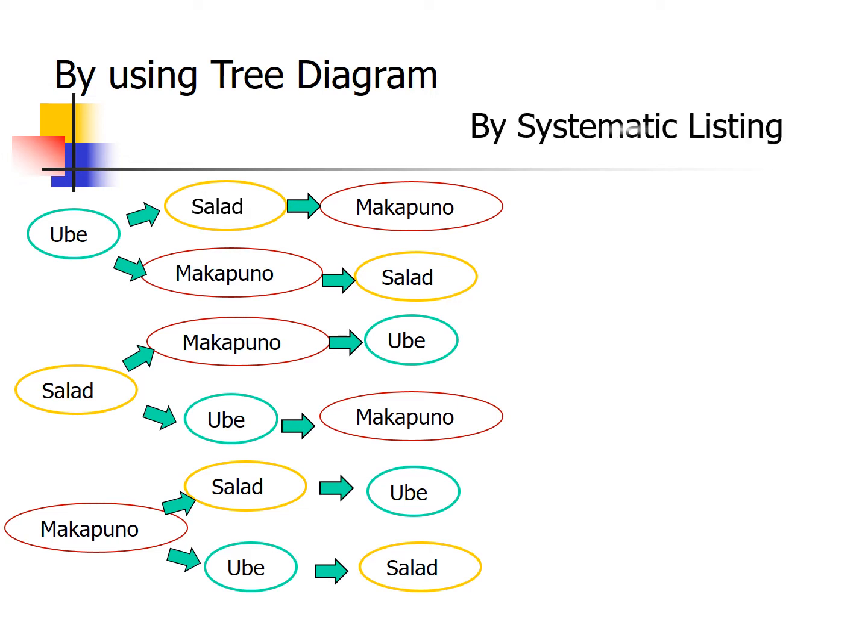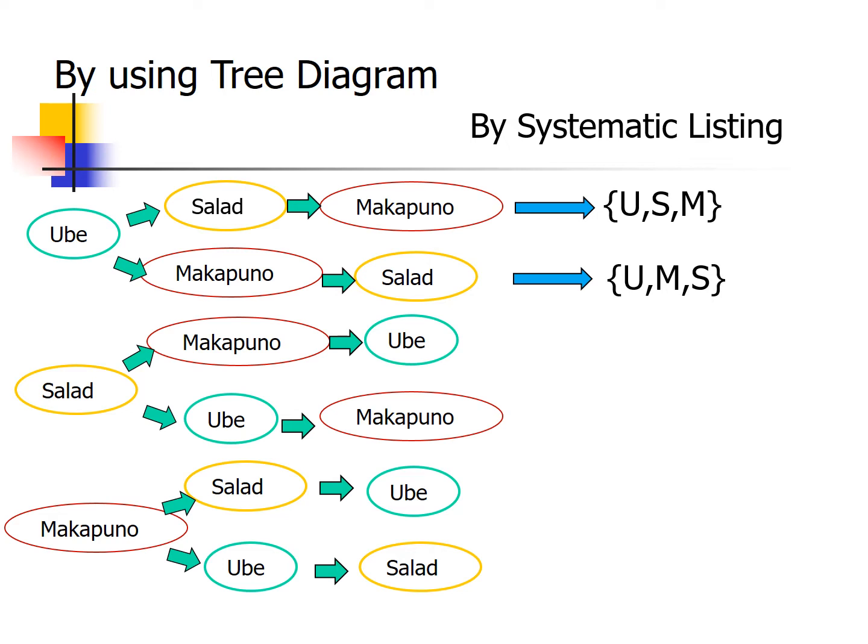Now, for systematic listing, here it is. Let's use abbreviations: U for ube, S for salad, M for makapuno. So, that is my first listing: USM. Second, UMS.